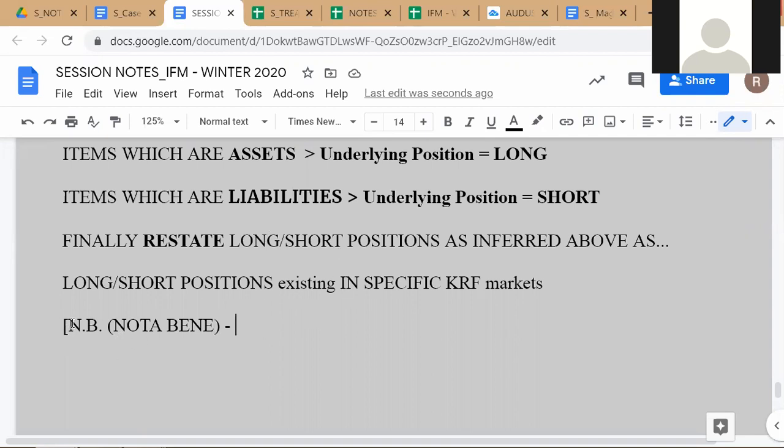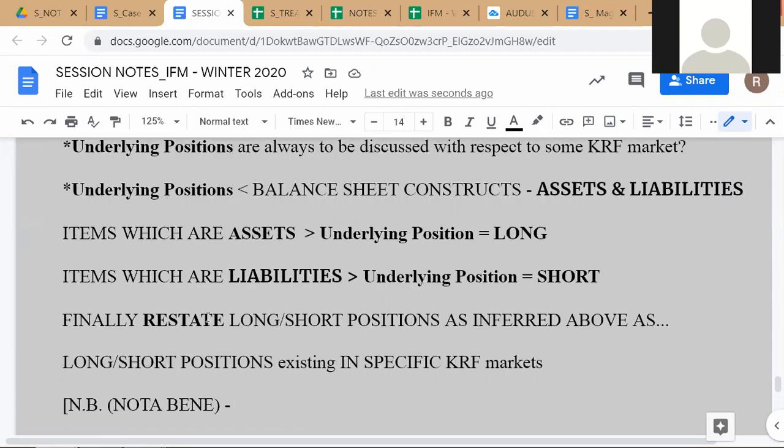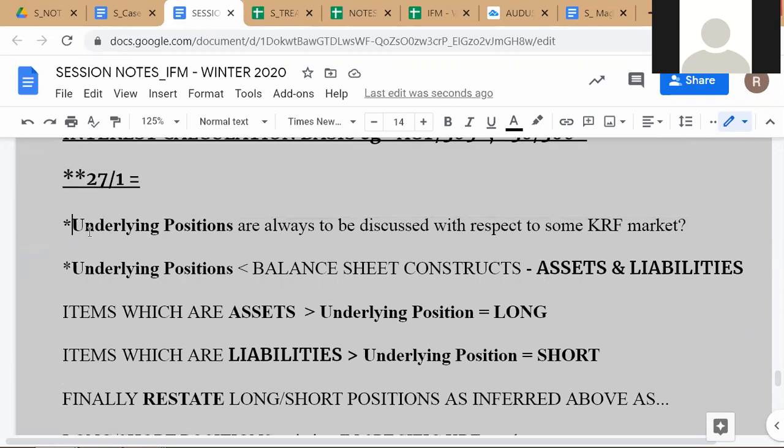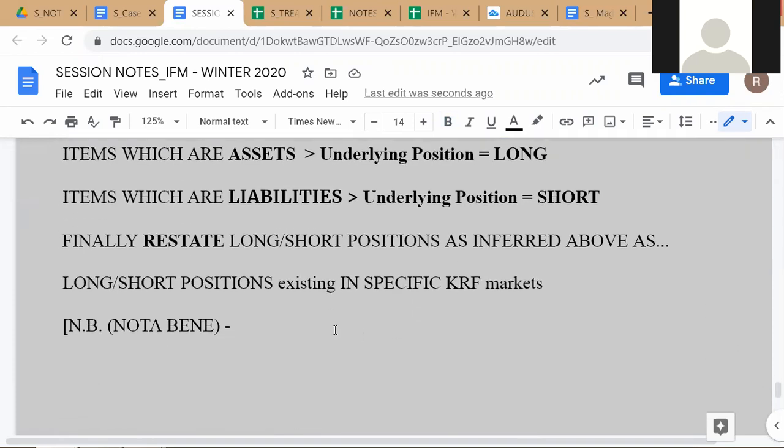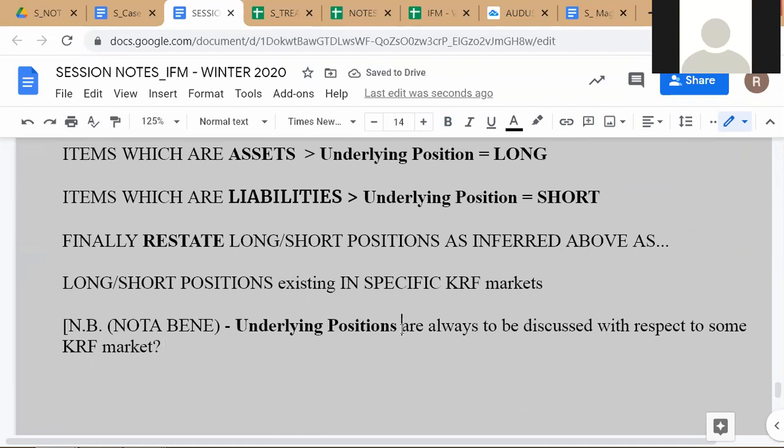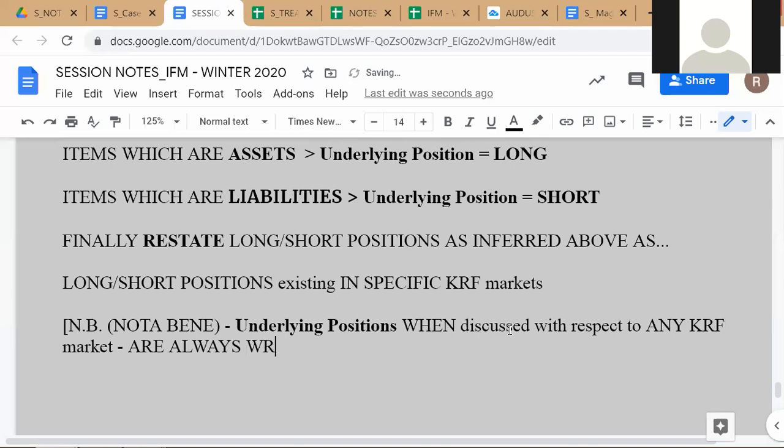For this logic, what is it? Remember NB: the underlying positions, when discussed with respect to any KRF market, are always with respect to the base asset.